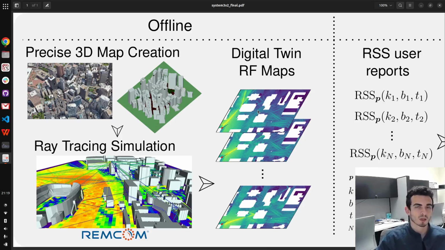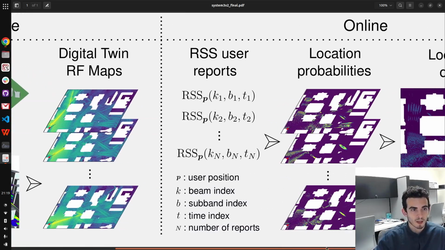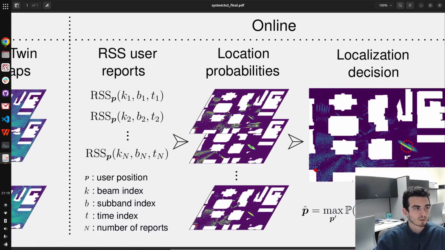So this will allow us to triangulate the user when it tells us that it received a certain power in a certain beam. So essentially, after some reports measured in a certain position for a certain beam, band, and time, we will compute the likelihoods of the user being in certain positions given the measurement and given our database.